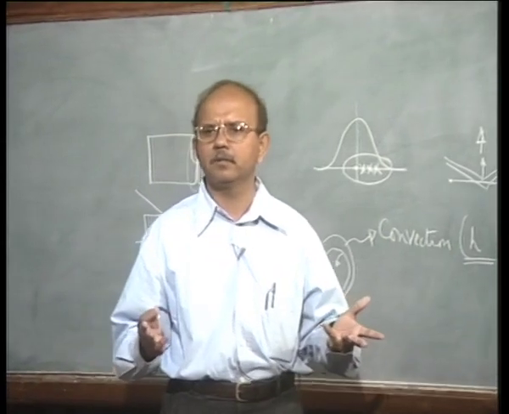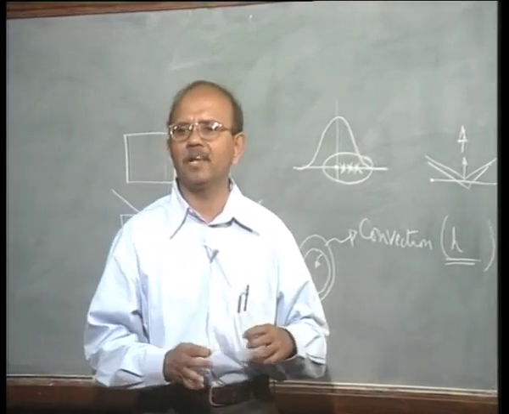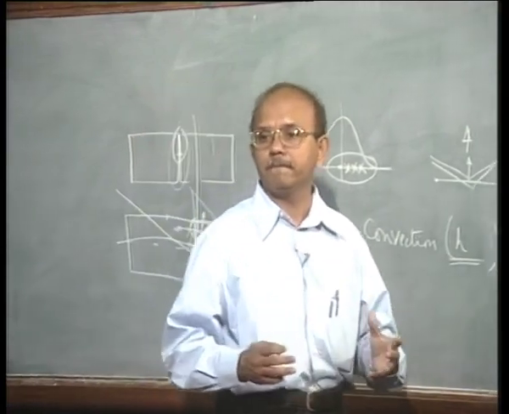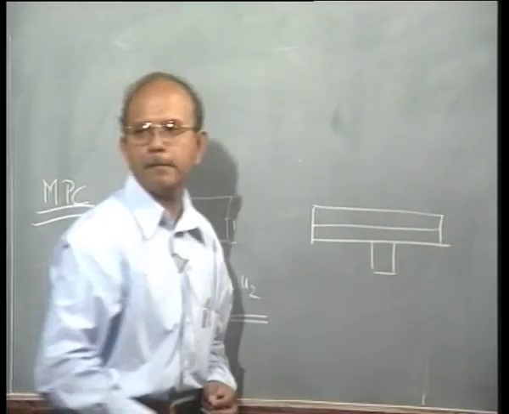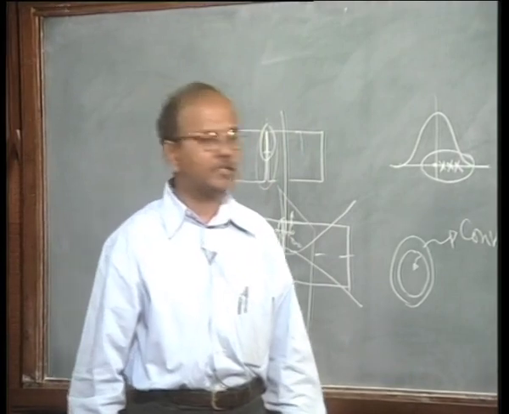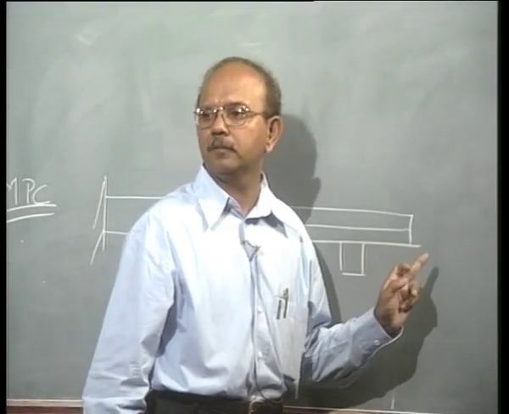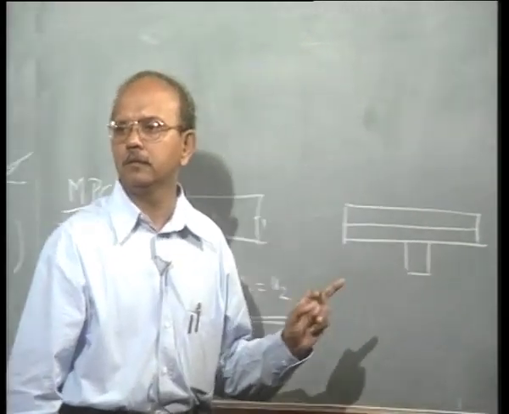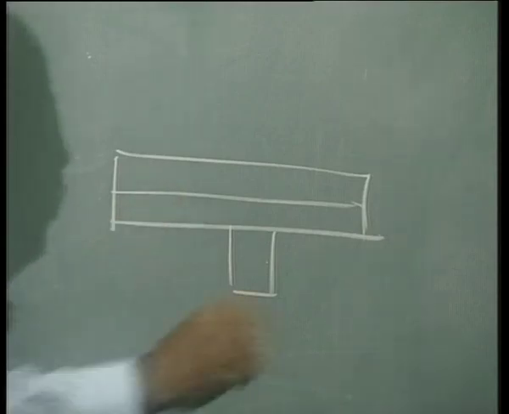A shell element, say a 4-noded shell element. This 4-noded shell element would be such that it would pass through the center here, right. Now let us have a look at the beam. So I will use a beam element, right. So in the top view this would look like this.